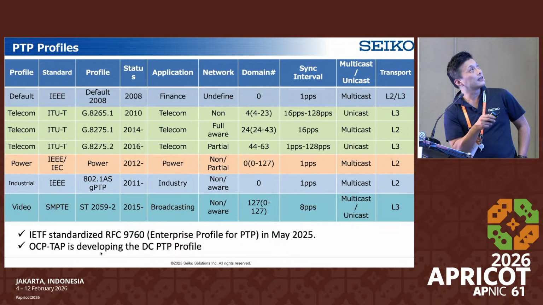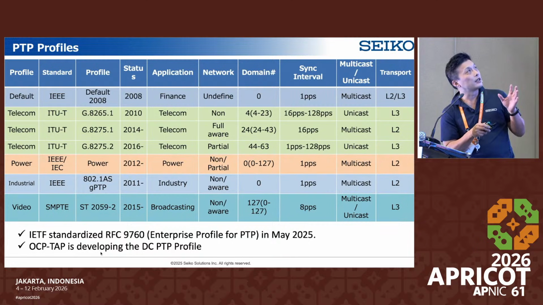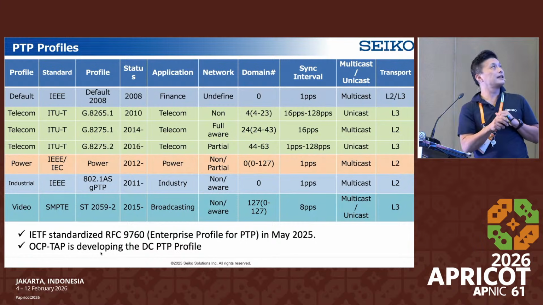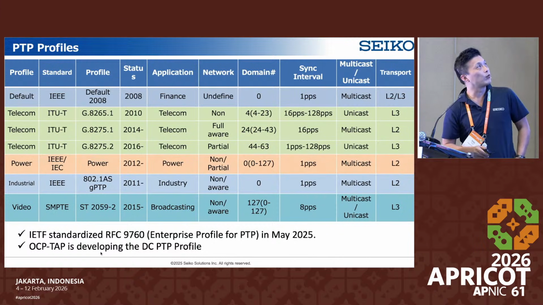And then second, ITU-T standardized G.8265.1 simply in order to synchronize routers and switches and end nodes. And then ITU-T standardized G.8275.1 and .2 for mainly mobile.